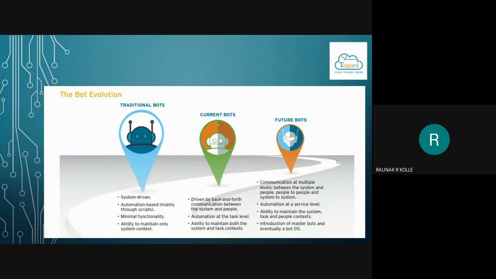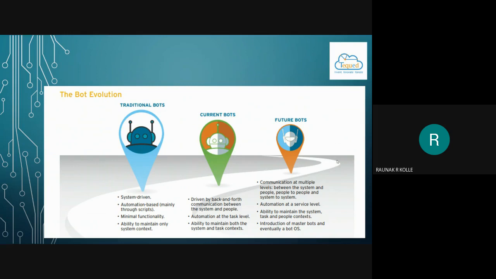The evolution of a chatbot has been from a traditional model to the current model and the future model, in which the possibility of various functions which cannot be conducted right now may be possible. Let us see what these functions are.